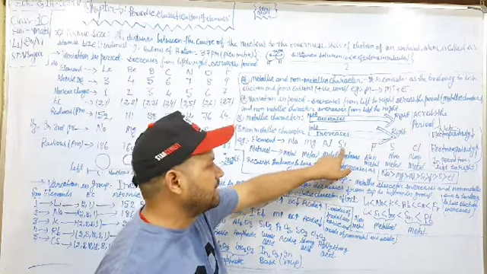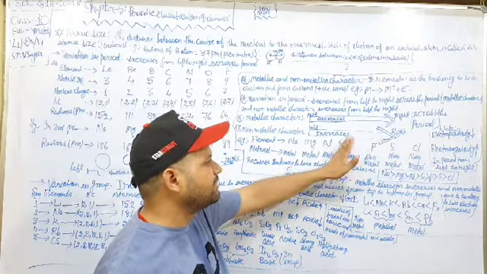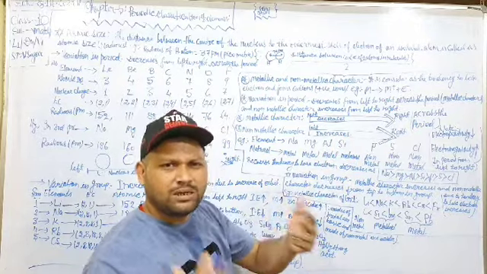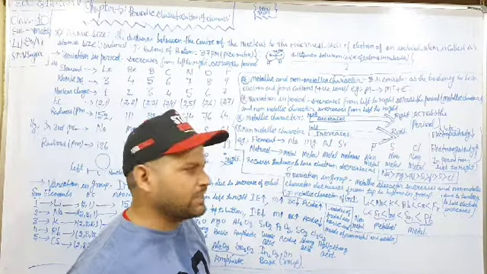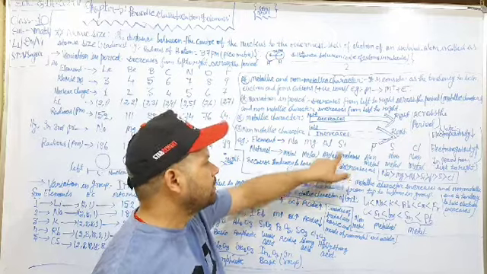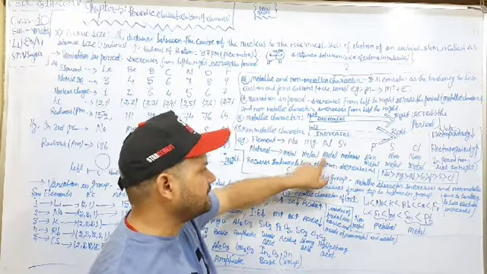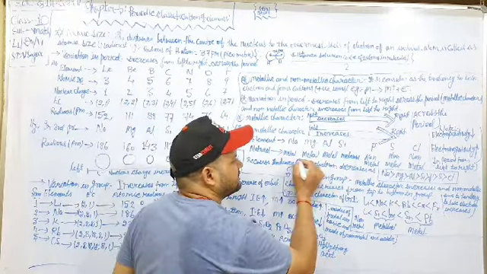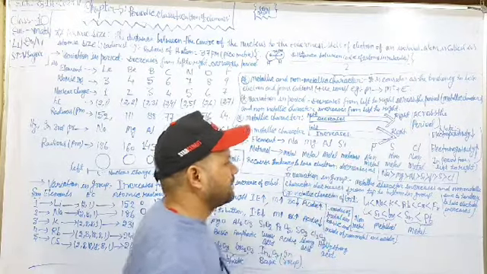Understood? Silicon cannot lose the electrons completely. It shares electrons, so it is called a metalloid. These three elements are metals, and this one is a metalloid.